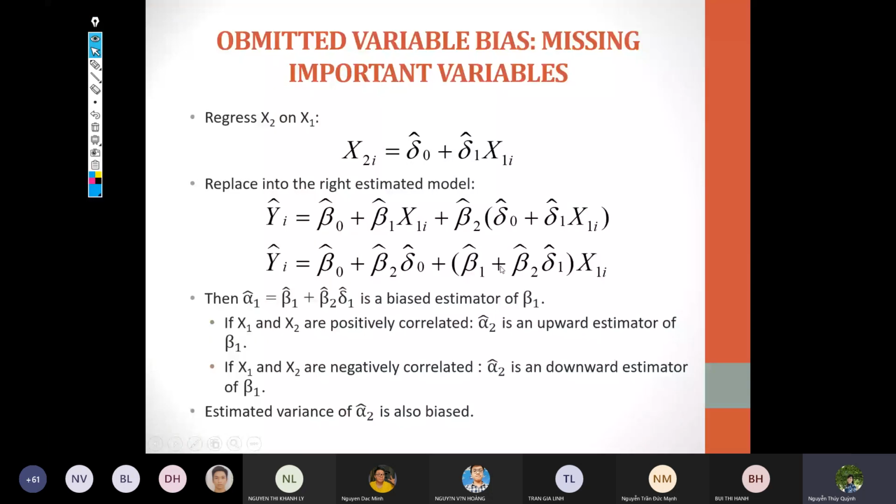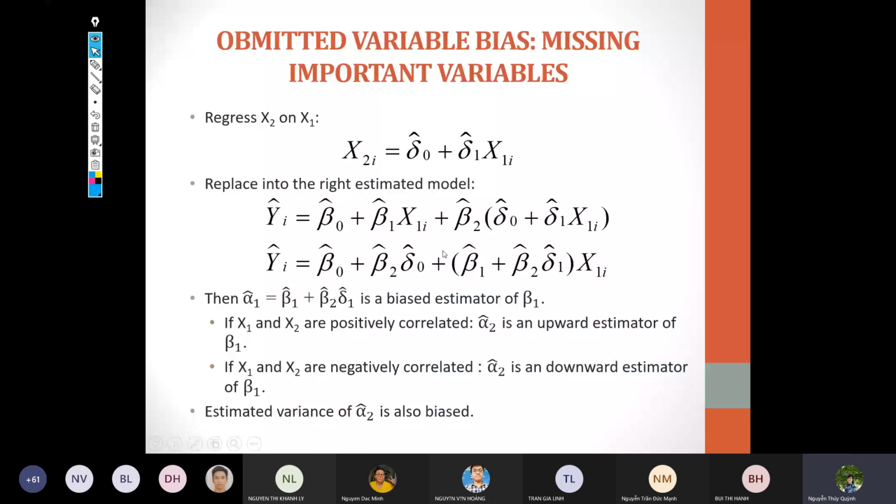So obviously you can see that alpha 1 hat is different from beta 1 hat, because we have one more add-on here: beta 2 hat times sigma 1 hat.